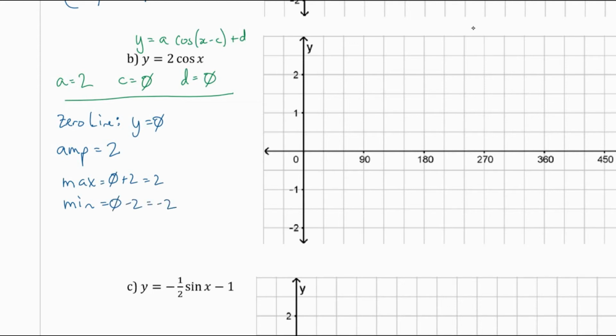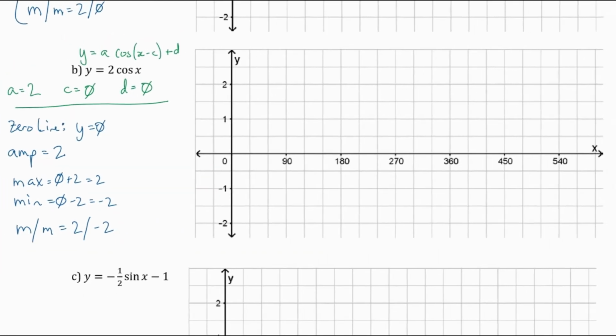My max and my min are 2 and negative 2. Okay, you don't have to write it twice. I'm writing it this way to show how I'm getting it.